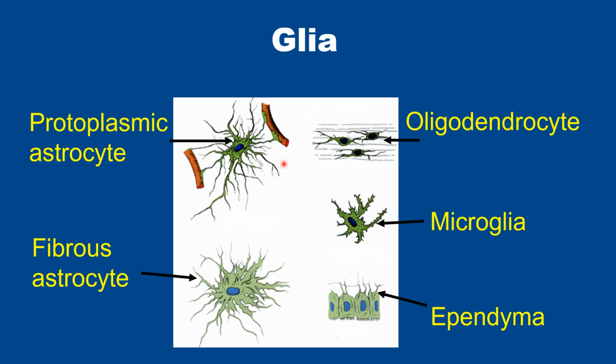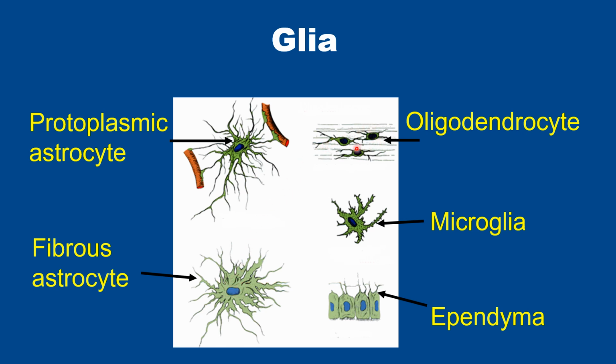The glia has been classified as macroglia and the microglia. The macroglial cells are the astrocytes and the oligodendrocytes. Astrocytes are of two types: protoplasmic astrocytes and fibrous astrocytes. Protoplasmic astrocytes are present in the grey matter. The fibrous astrocytes are present in the white matter.